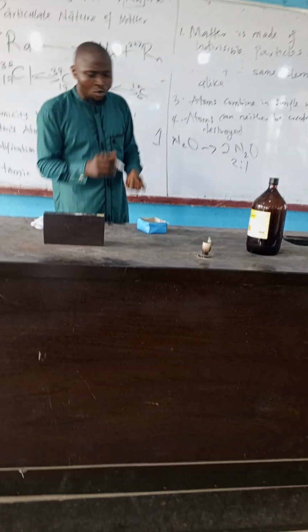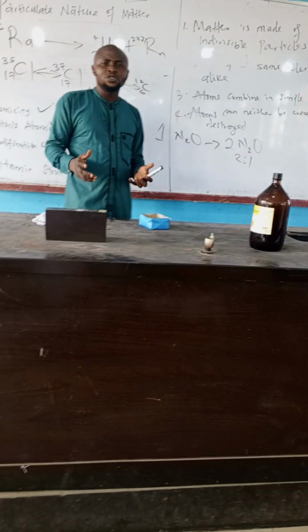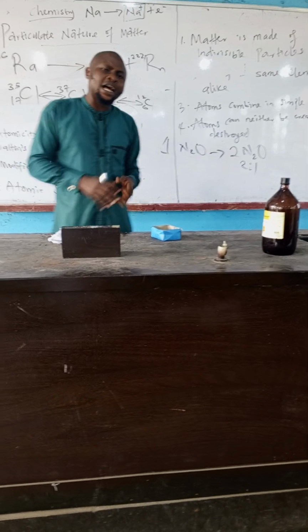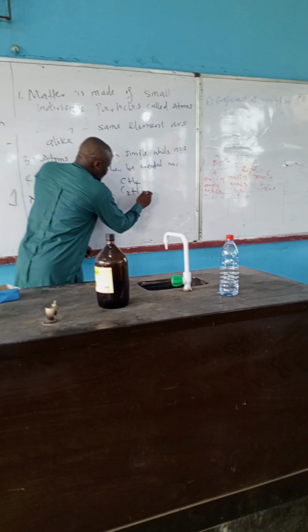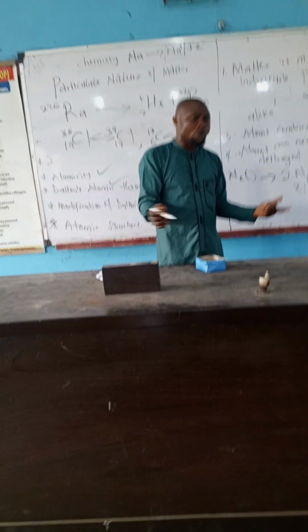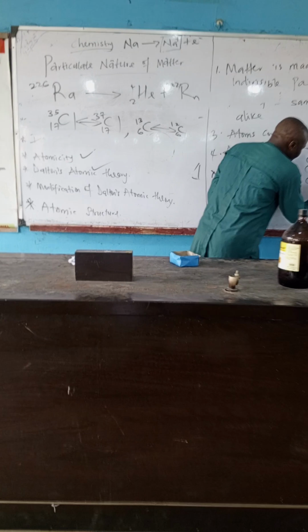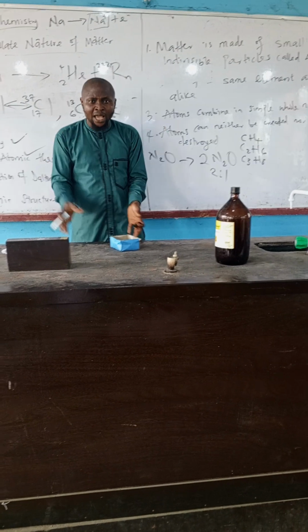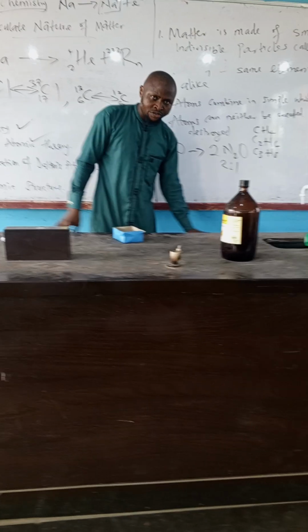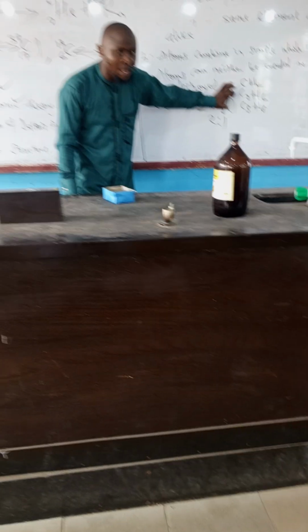It may be true for inorganic molecules, but it is not always true for organic compounds. For instance, this is methane, CH4, then C2H6, then C3H8. These belong to the same homologous series, the same family.